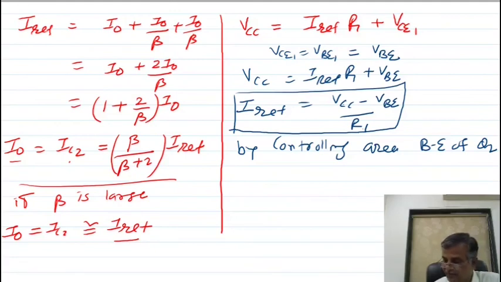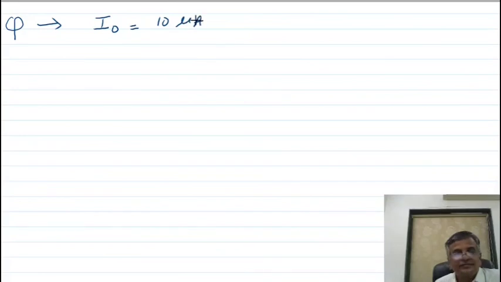Now, a second numerical based on this. Repeat this numerical if you want to get a current of 10 microampere. The data is the same. What is the data?